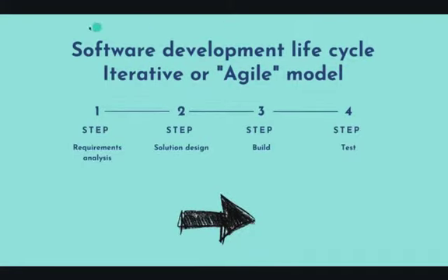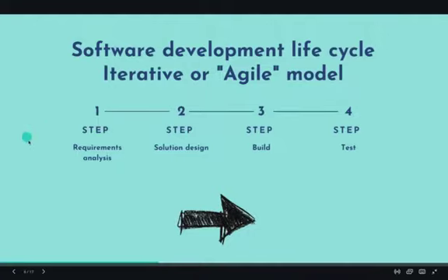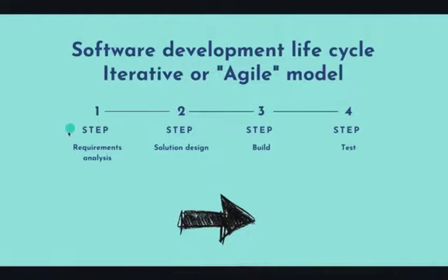Okay, so before going into the software testing cycle, let me talk about the software development life cycle that we currently use. We're currently using the iterative life cycle, which means that we develop each feature, and for each feature we develop, we analyze the requirements at first, then we create a design solution, then we build the actual feature, and then we perform the test.